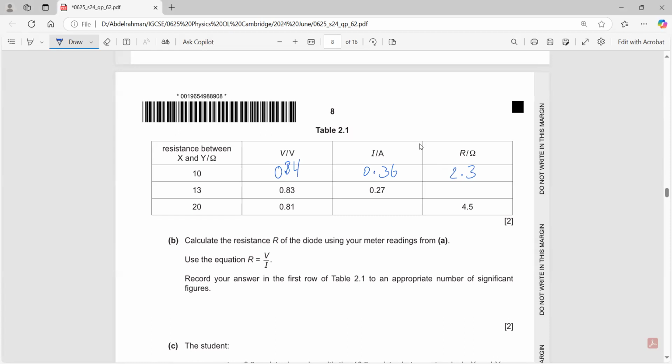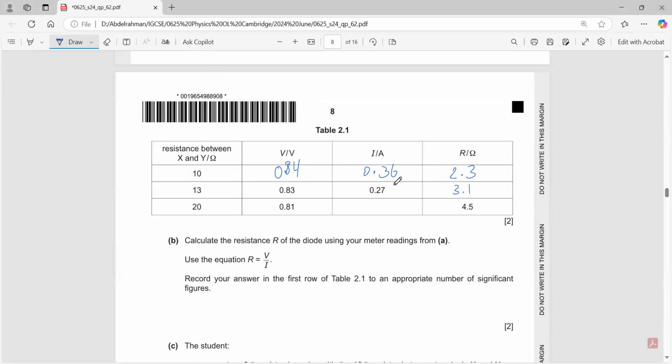Can I complete the table? Yes, to find the second resistance, 0.83 divided by 0.27, which is 3.07 or 3.1. I know it's 3.07, but write it down as 3.1. Why? Because they are only two significant figures.